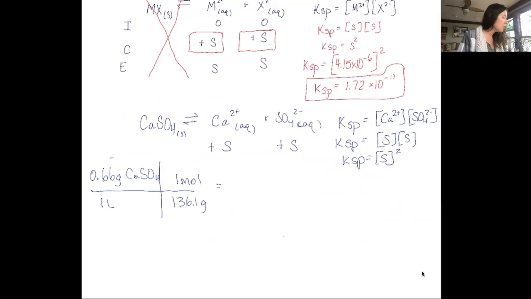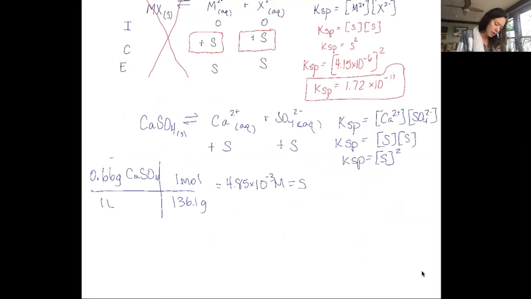And that will give us a molar solubility of 4.85 times 10 to the negative 3rd. So that is equal to S, because that is a molar solubility.